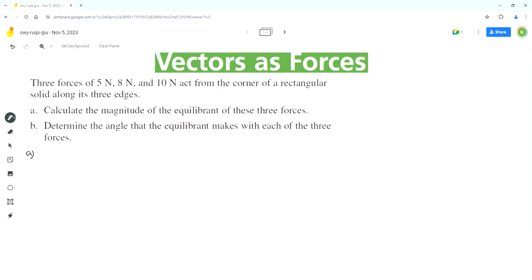The first step is to draw a rectangular solid and show the three forces acting along its three edges from a corner.